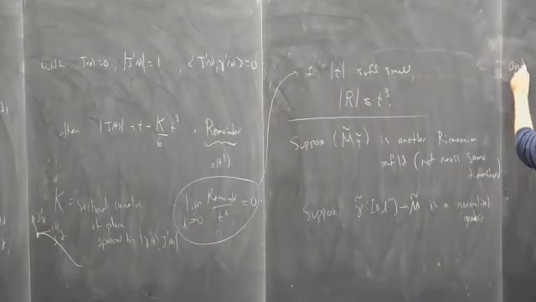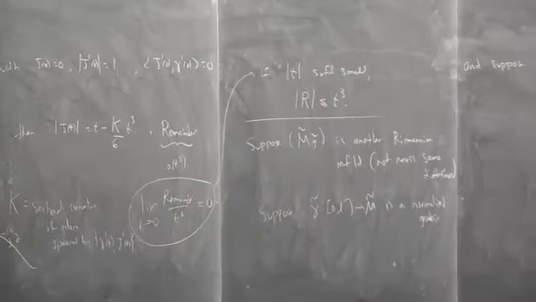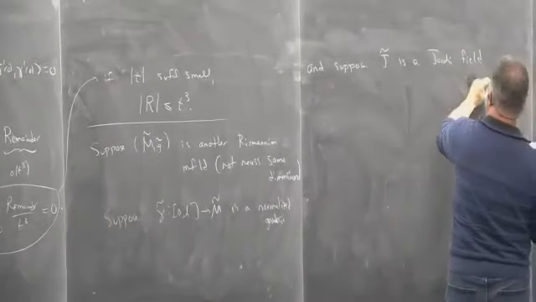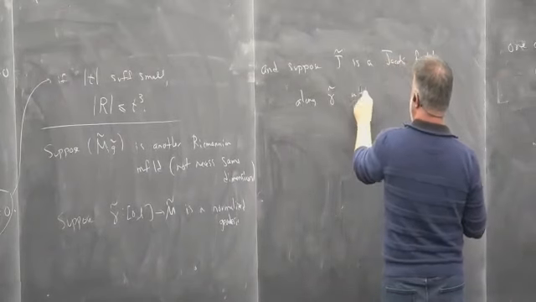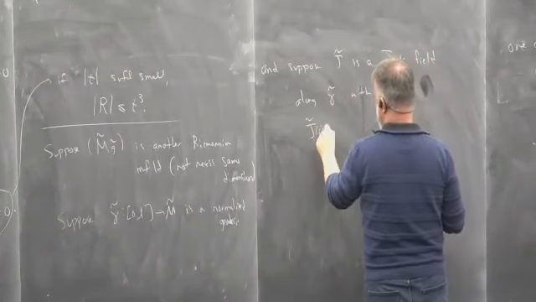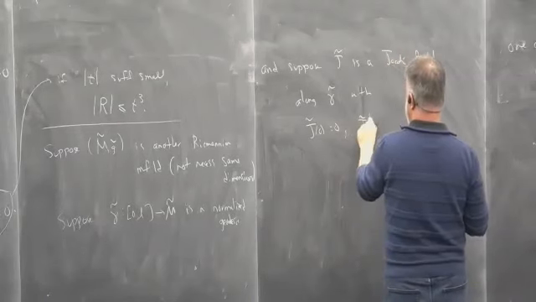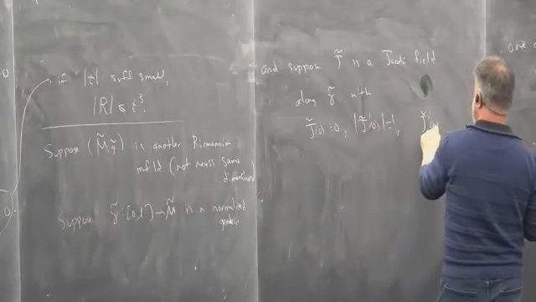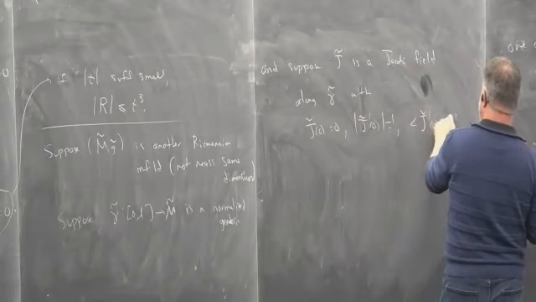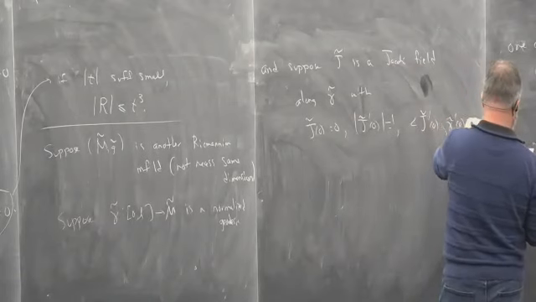And suppose J tilde is a Jacobi field along gamma tilde with the same properties. J tilde of 0 is 0. J tilde prime at 0 has length 1. And J tilde prime at 0 is orthogonal to gamma tilde prime at 0.